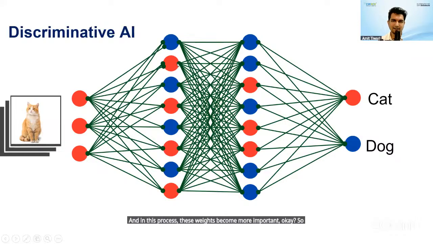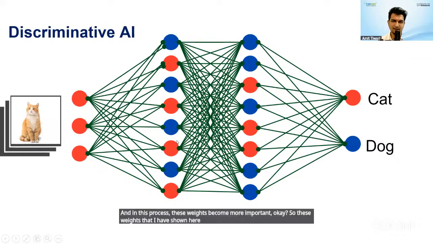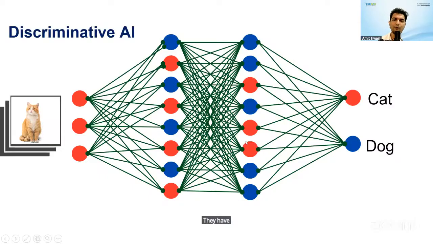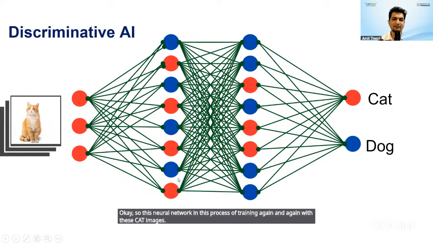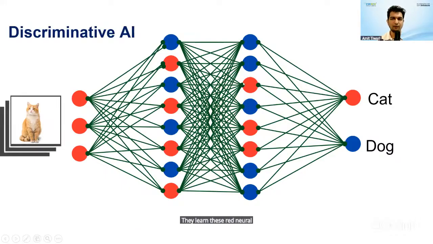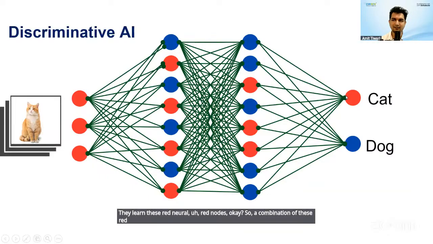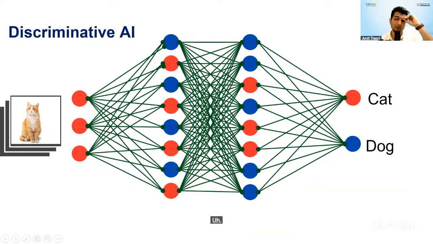The weights I have shown here in red have more value. A combination of these weights is what predicts the next word in the sequence, which is cat. By training again and again with these cat images, the neural network learns these red nodes, and a combination of these red nodes is what will predict cat.